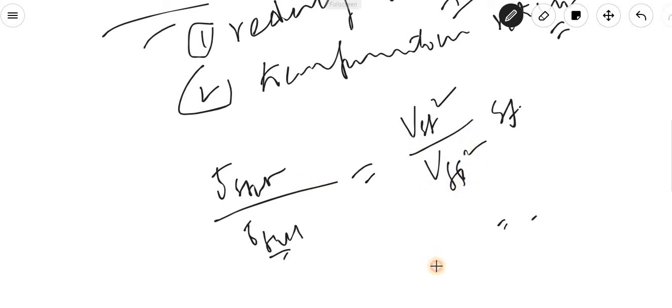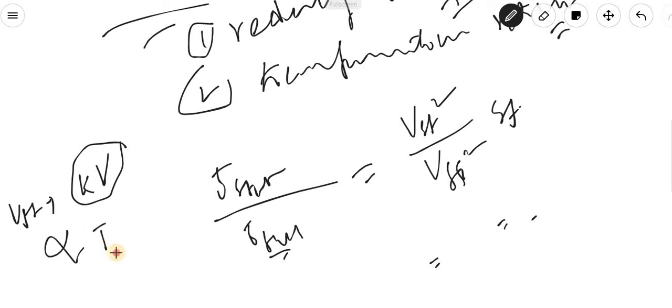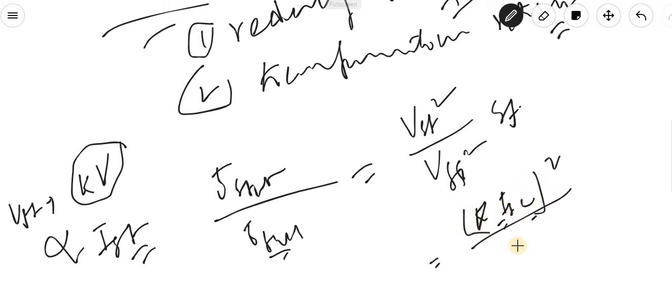Starting voltage means what? Starting voltage is simply K times this voltage, and this starting voltage is proportional to the starting current. So for this starting current, it would be K ISC into full load voltage, full load current into SF.